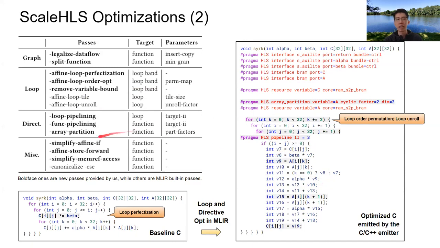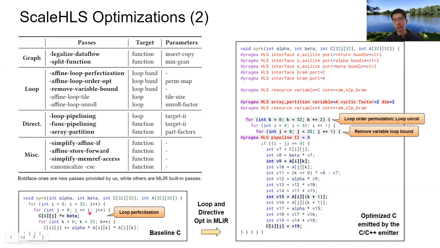But after some other simplification passes, some operations are eliminated. And then we also have another pass called remove variable bound. You can observe here originally the J loop has a variable loop bound.